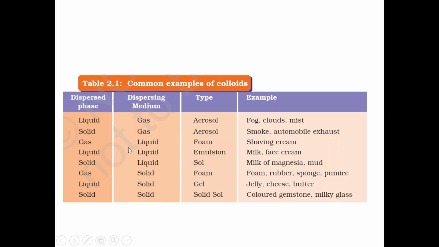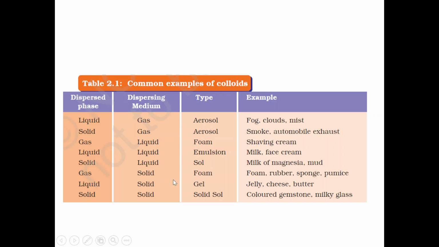Then liquid in liquid is called an emulsion, as in milk and face cream. Next is solid in liquid, called a sol, and some examples are milk of magnesia and mud, where the solid is silt, clay or soil. Whenever it is dispersed in water, we get mud, which is colloidal in nature.